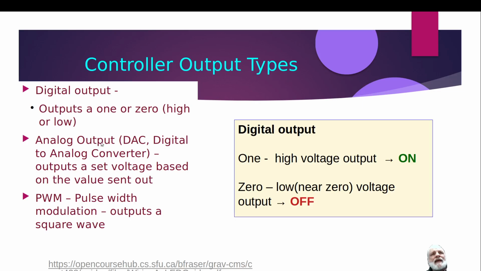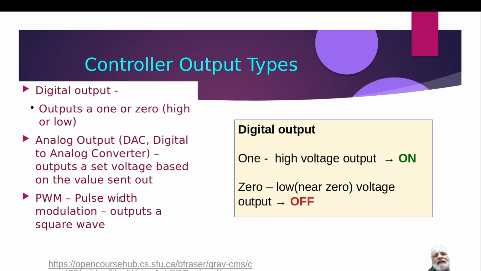An analog out goes through what's called a digital to analog converter. You take a value and convert that into a voltage, but that voltage range will change depending on the amount of output that you put on it. And then we also have something called pulse width modulation.